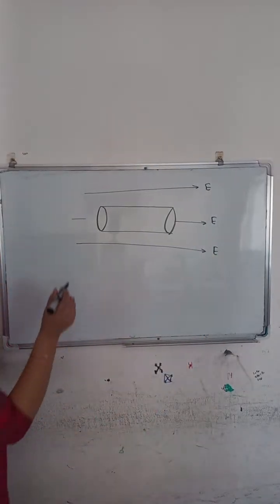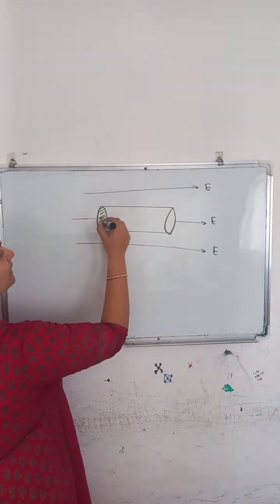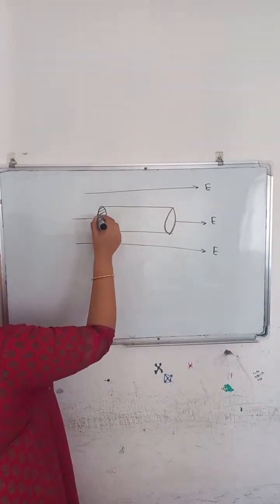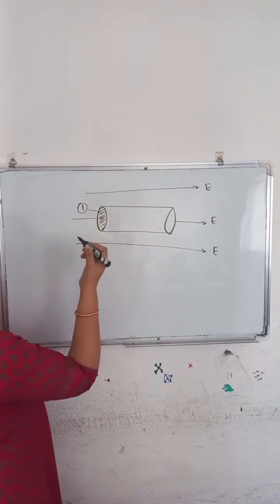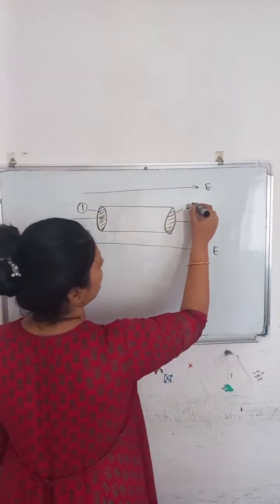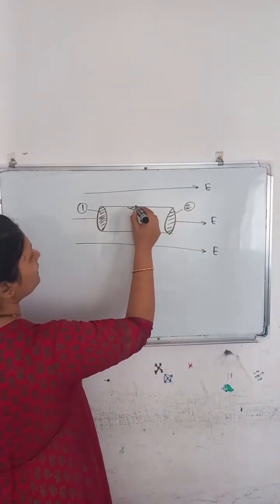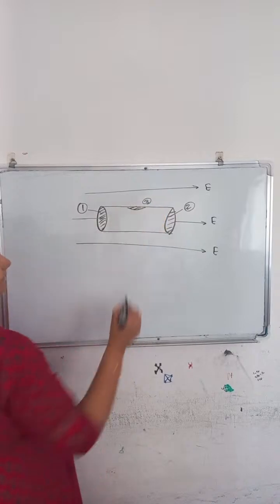Even in the theory part we covered the same question. Suppose you take this as the first area, or first part. Now if you take this as the second part and this area as the third one.